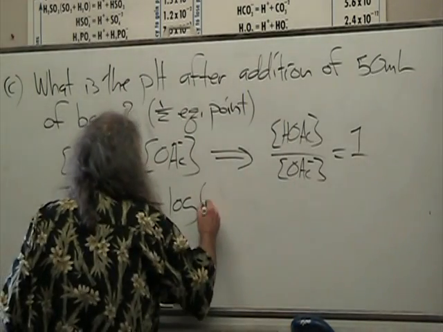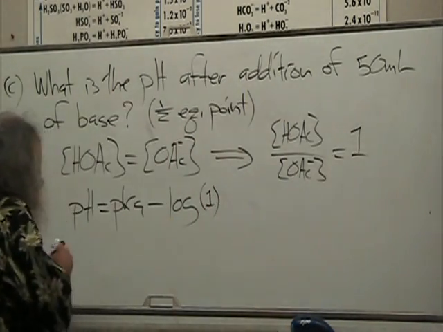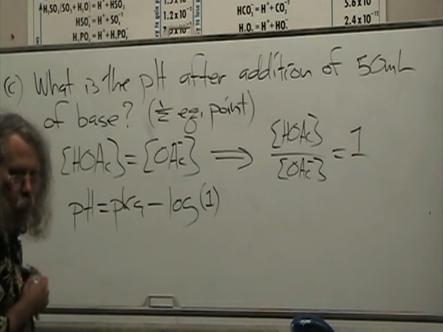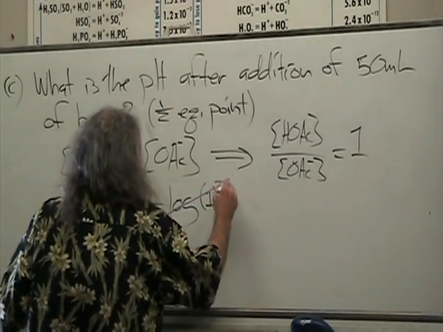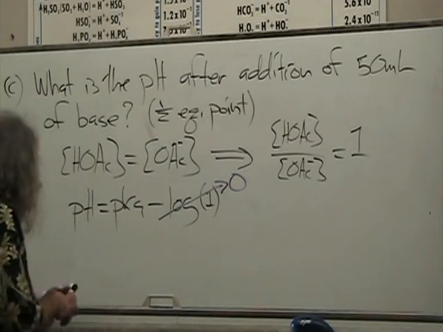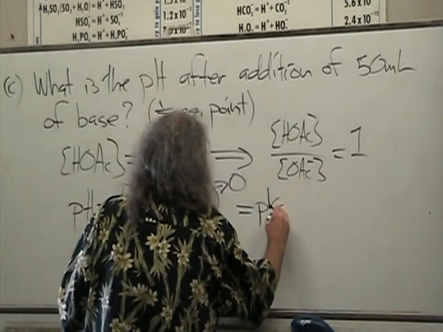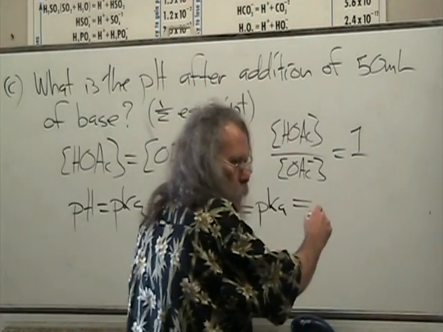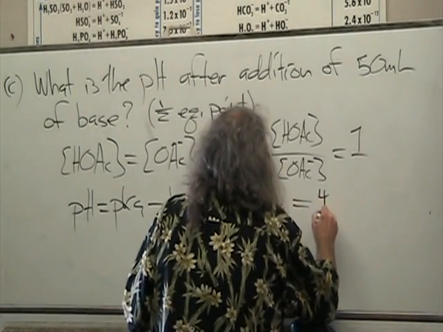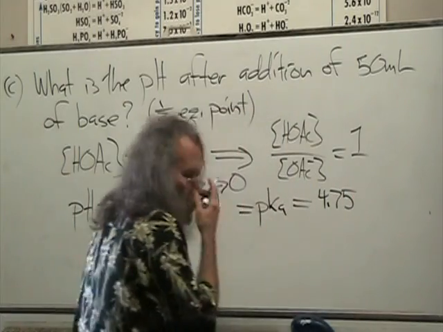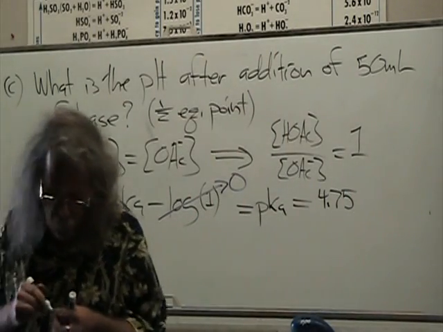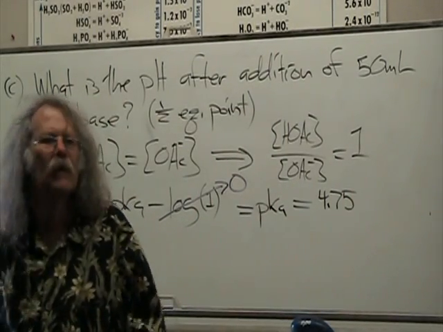So minus the log of 1. And what is the log of 1? 0. So that drops out. And it equals pKa. What's pKa? 4.75.